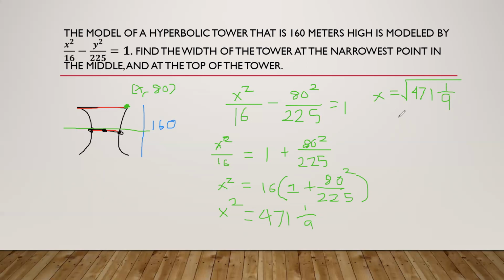That gives us 4 square root of 265 over 3. So this is our x.